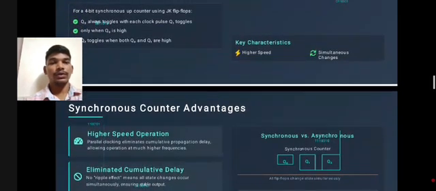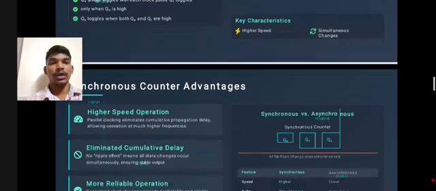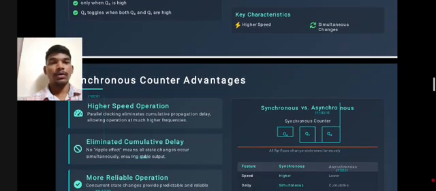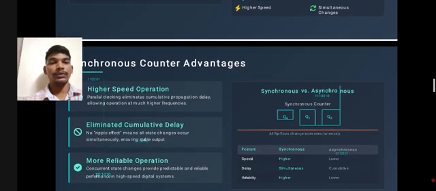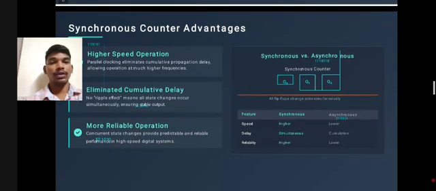Simultaneous change. Synchronous counter advantages: high speed operation, parallel clocking eliminates cumulative propagation delay, allowing operation at much higher frequency. No ripple effect means all state changes occur simultaneously, ensuring stable output and more reliable operation.